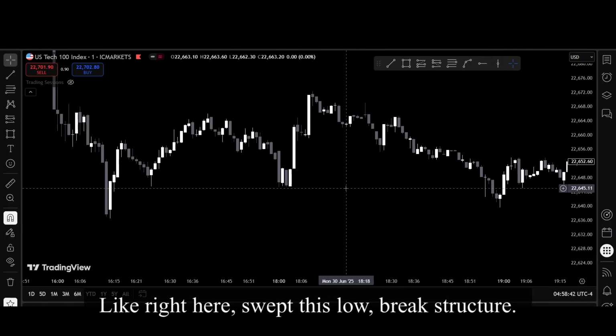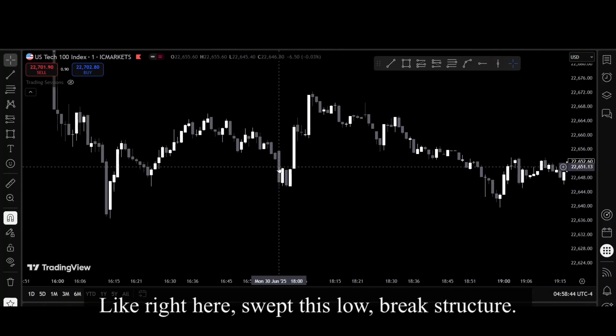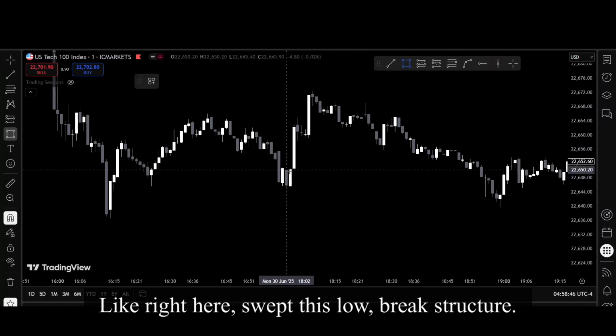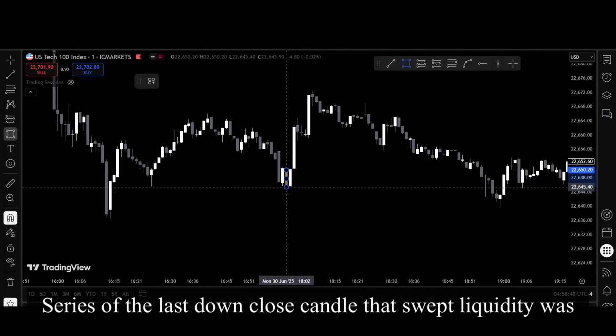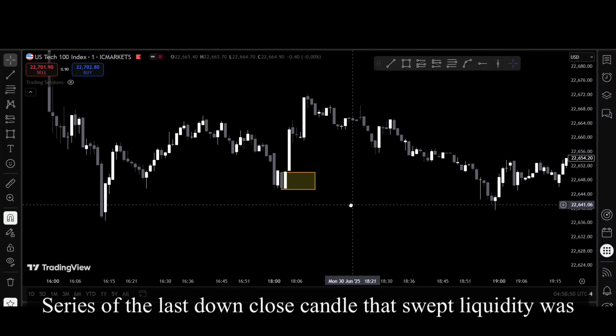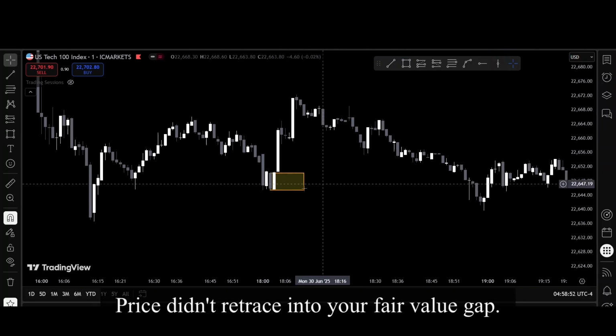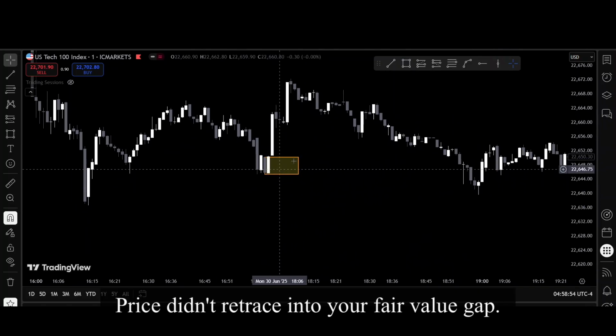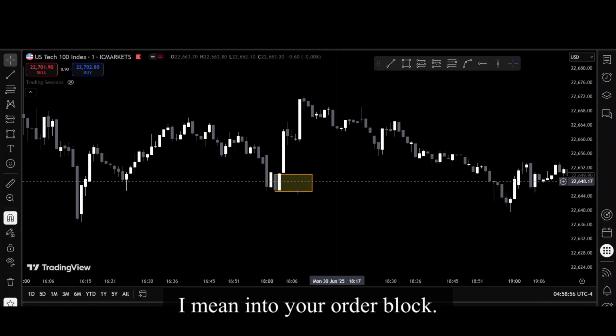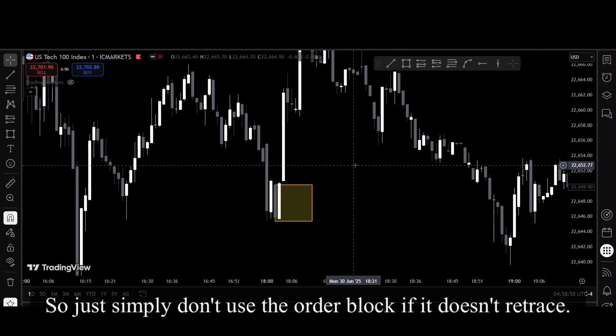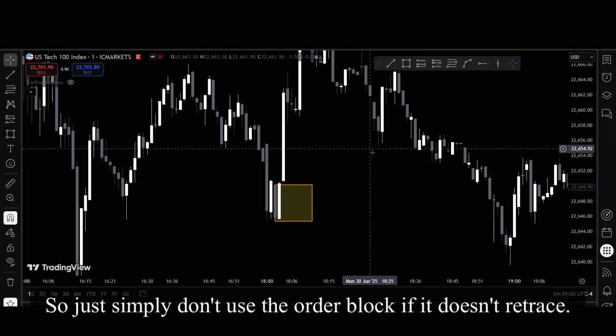Like right here, sweep this low, break structure, the series of the last down close candles that swept liquidity was here. Price didn't retrace into your fair value gap. I mean, into your order block. So just simply don't use the order block if it doesn't retrace.